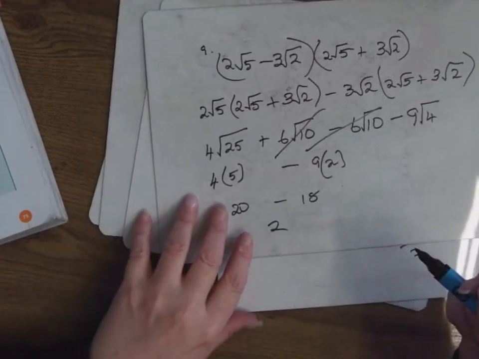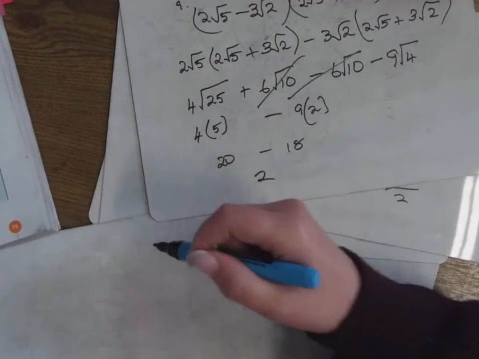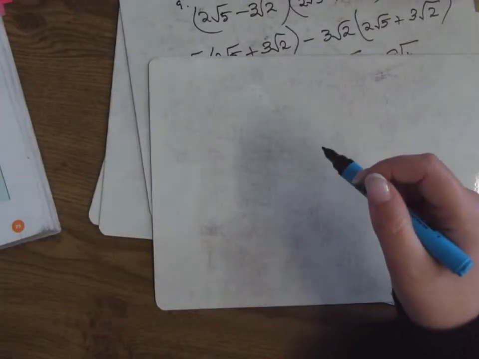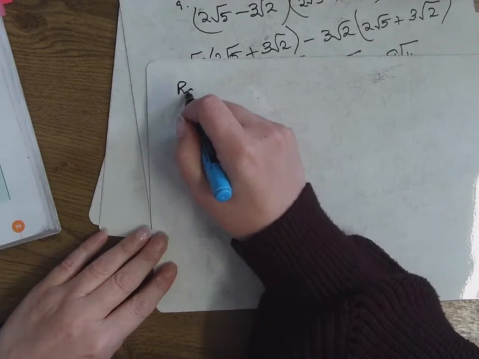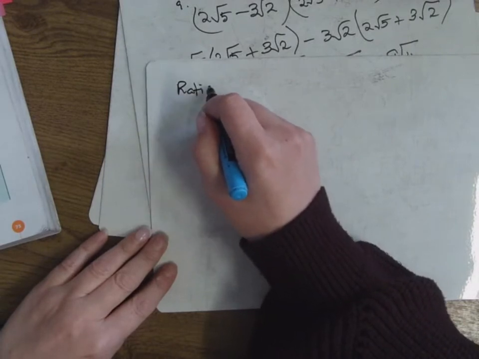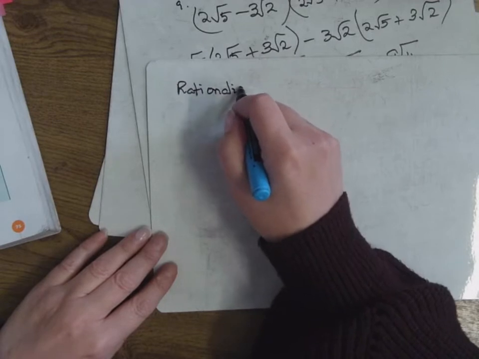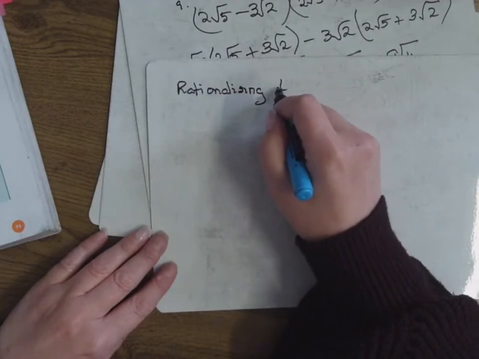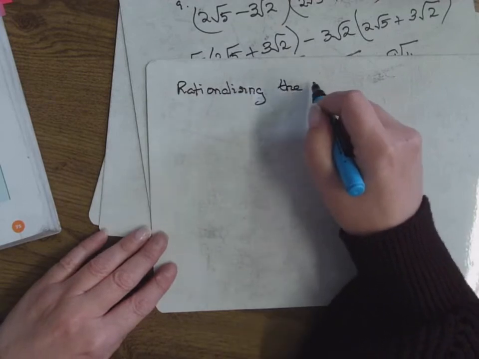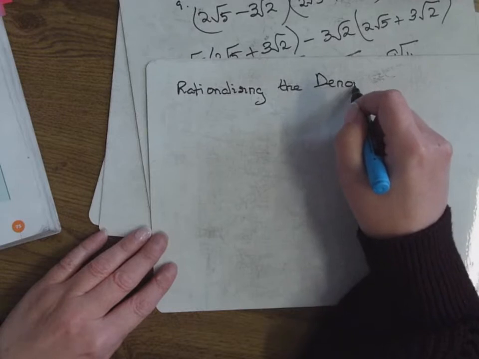Right, so I just have one little bit to do in this, okay, and it's called, just what I did a minute ago, it's called rationalizing the denominator. So the denominator is what's below the line, and rationalizing means we get rid of the square root underneath the line.